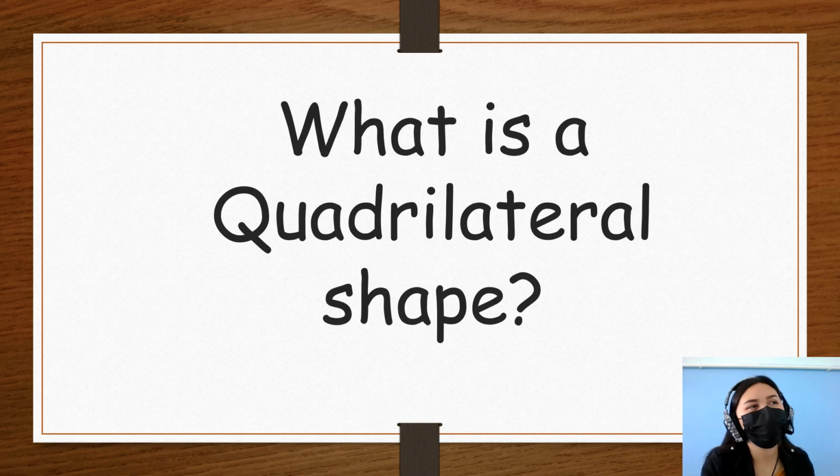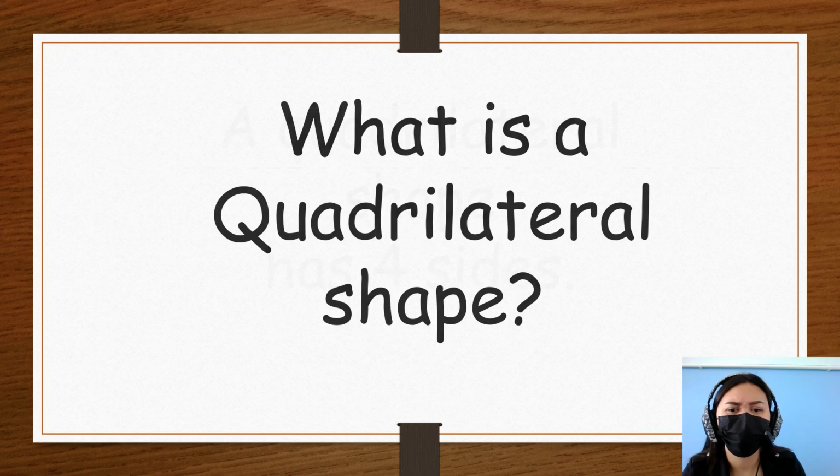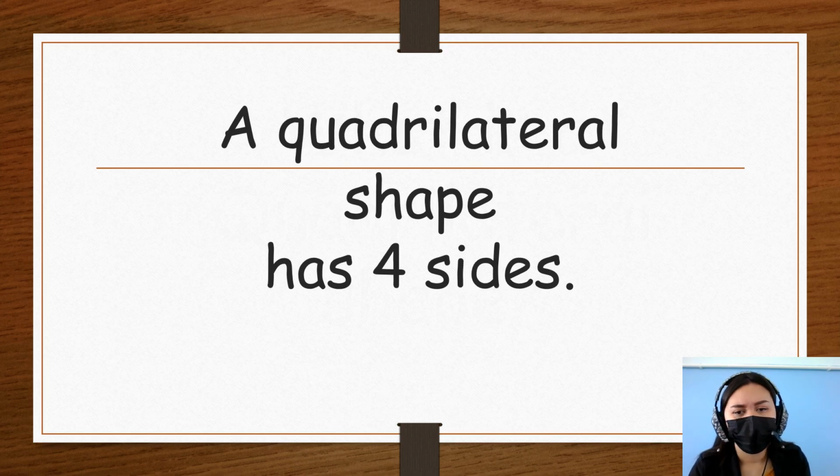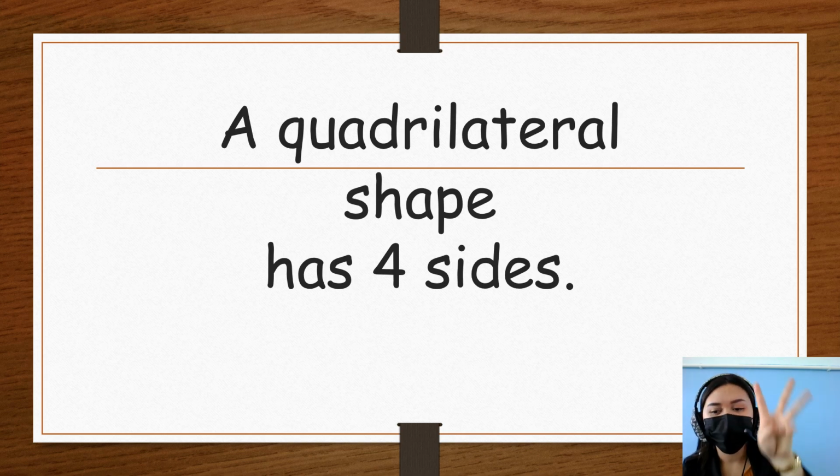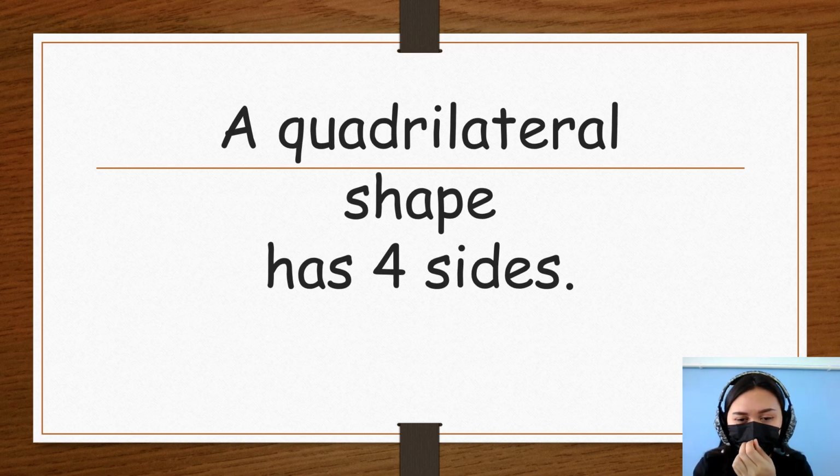Okay, let us review also about quadrilateral. When you say quadrilateral, what is a quadrilateral? A quadrilateral shape has four sides. When a shape has four sides, meaning it has four angles also, right?